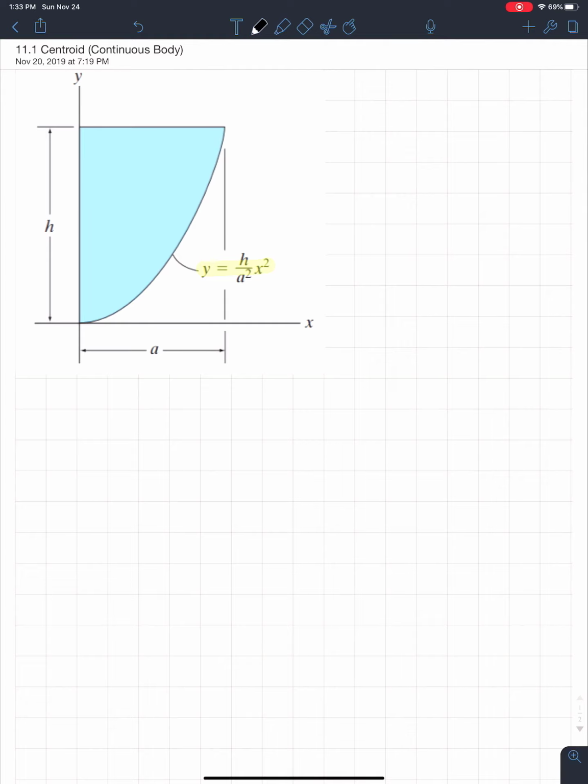So there's going to be 2 possible formulas you guys are going to see on your formula sheet. The first is going to be this. And I'm just going to do the one for x, but the one for y is essentially the exact same. So if you understand the one for x, you'll understand the one for y.